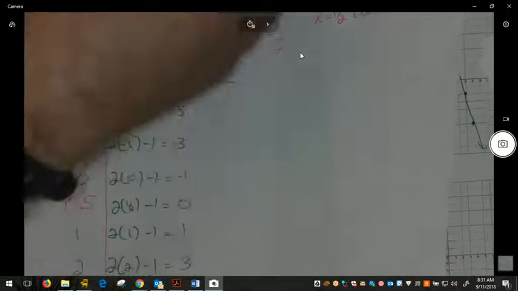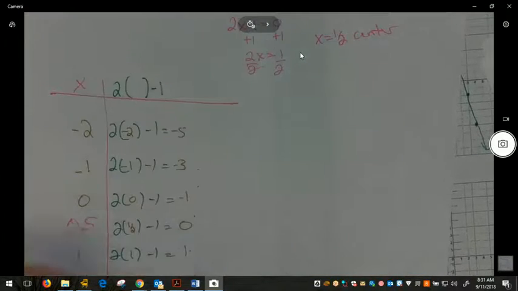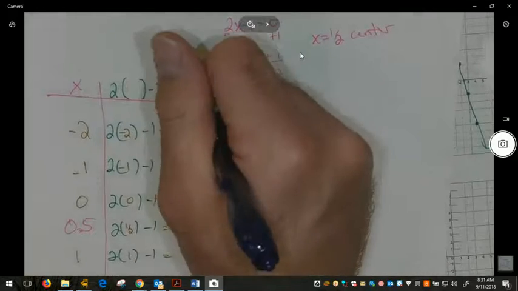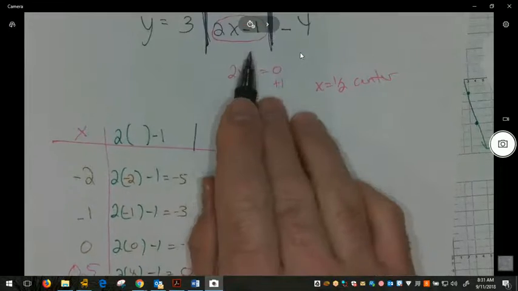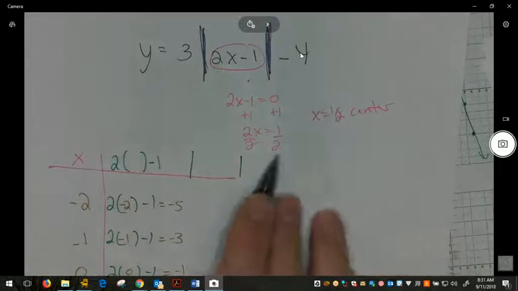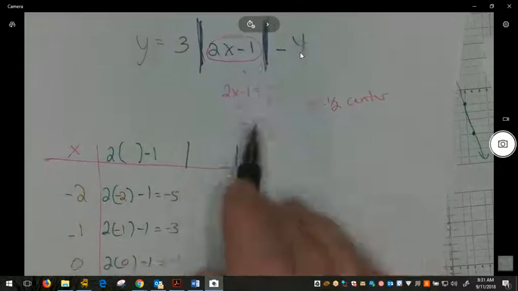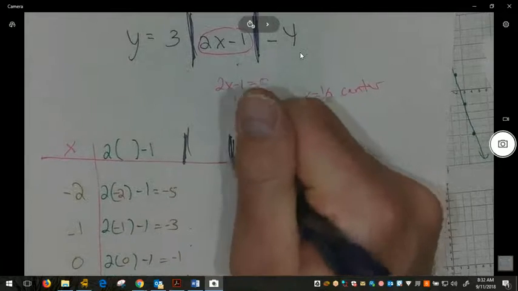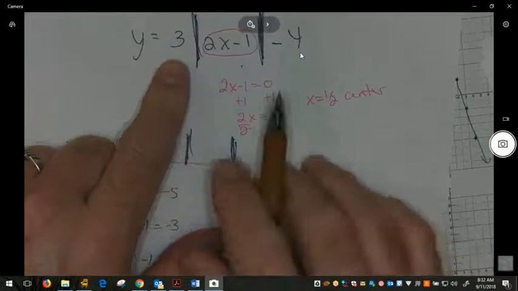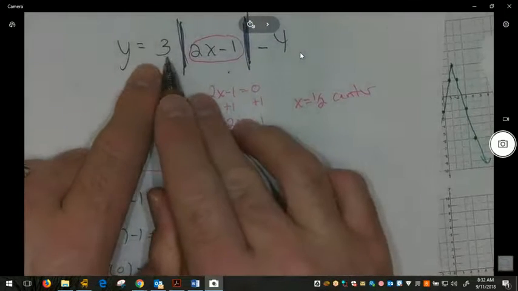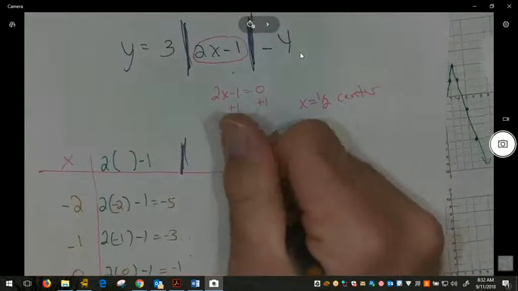I did what was in the modulus. Now I'm going to do the absolute value, because that's how this equation is wrapped up. After I've done the absolute value, the other operations are to multiply whatever number comes out by 3 and subtract 4.